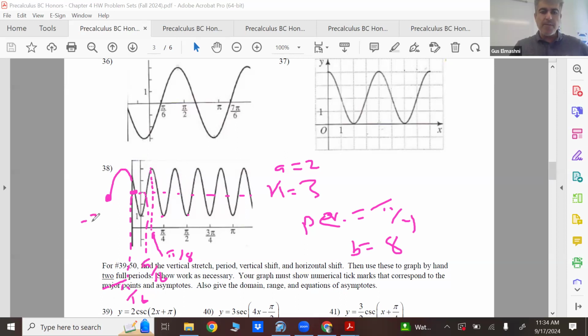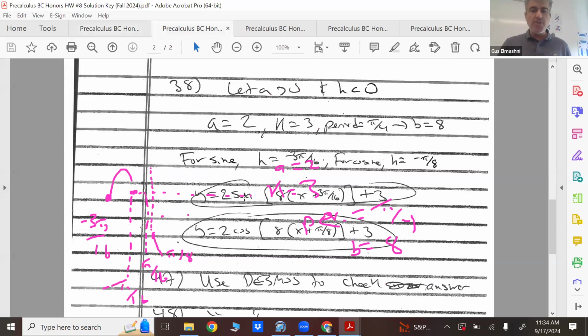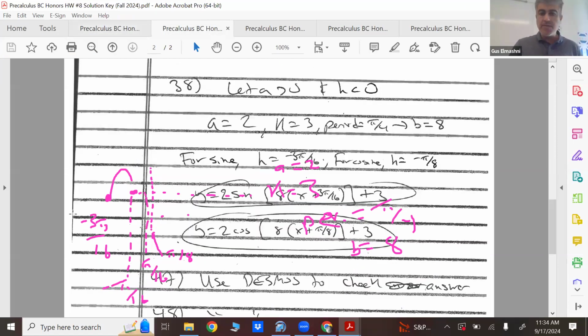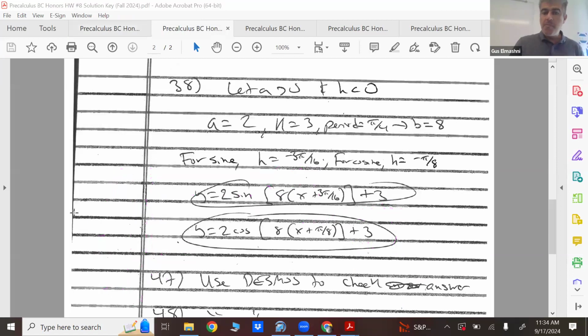That's at negative 3 pi/16. So that's why my H is negative 3 pi/16. And then for cosine, it'll be at negative pi/16. Everything else should be fine. Oh, sorry, negative pi/8. My bad. Negative pi/8. My apologies. Yeah, that should all be fine. So that's the answer for 38. We're okay with that? Okay.